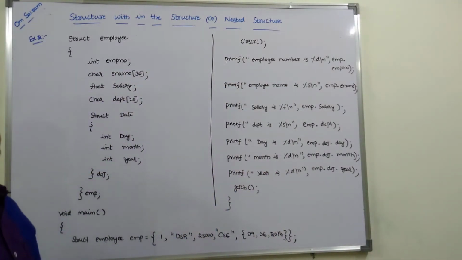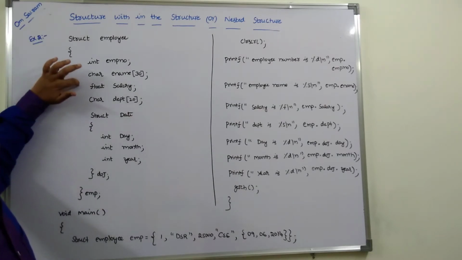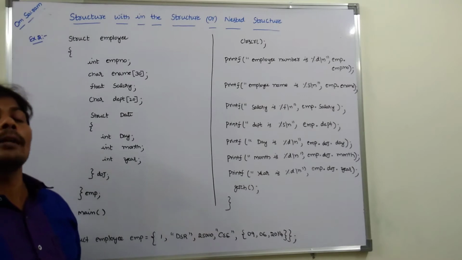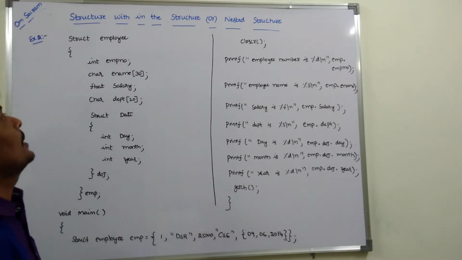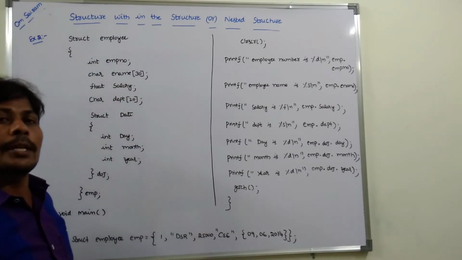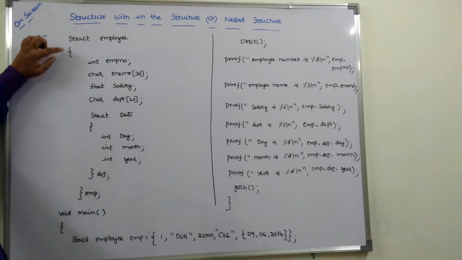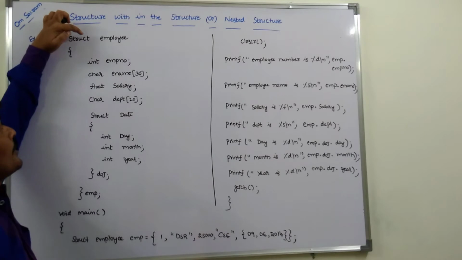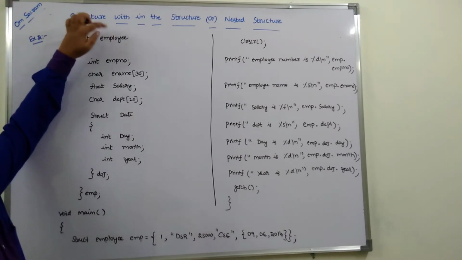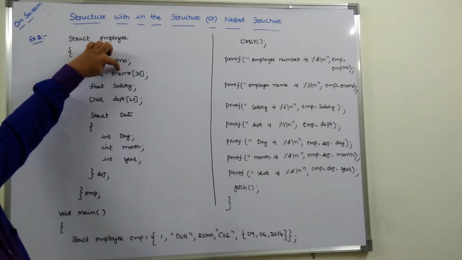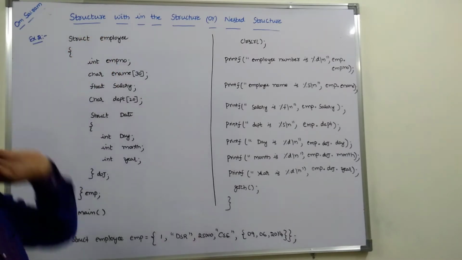Here one structure can be declared as a member inside the other structure. So that is also structure within the structure. Here the first structure is struct employee. It contains the members employee number, employee name, salary, department.